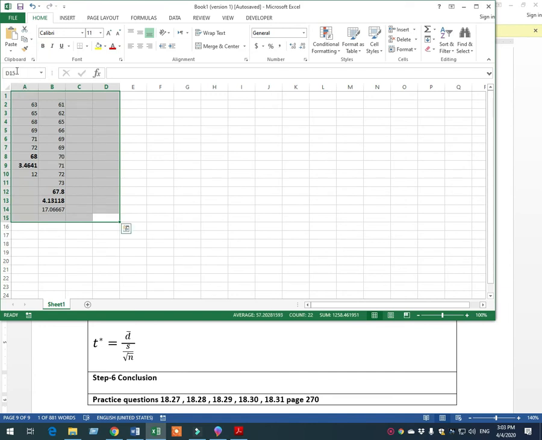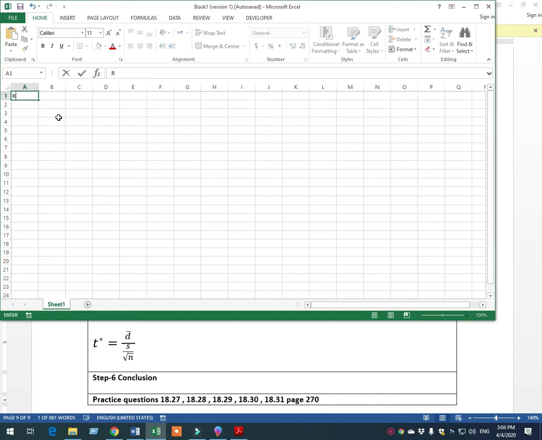I'm just deleting all these things. I'm having here two columns. One would be the radial tire column, and the other would be the belted tire column.